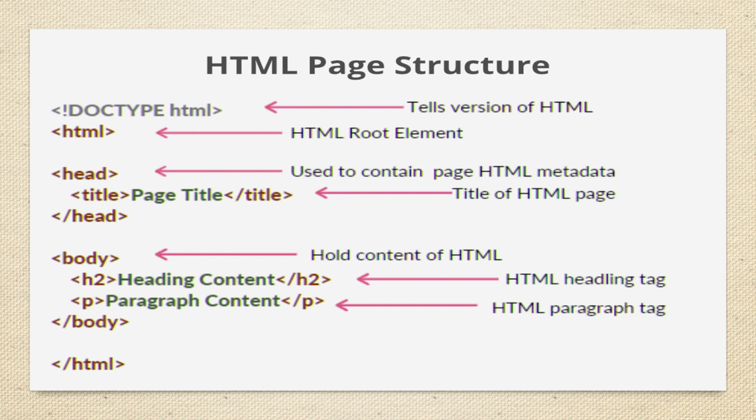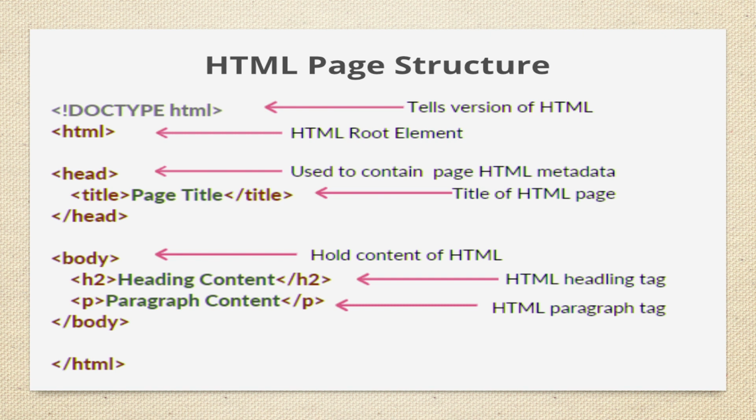So basically, HTML page structure comes under introduction to HTML and structure of HTML. There are basically six headings in HTML, termed H1, H2, H3, H4, H5, and H6. H1 has the largest font size and H6 has the smallest font size.